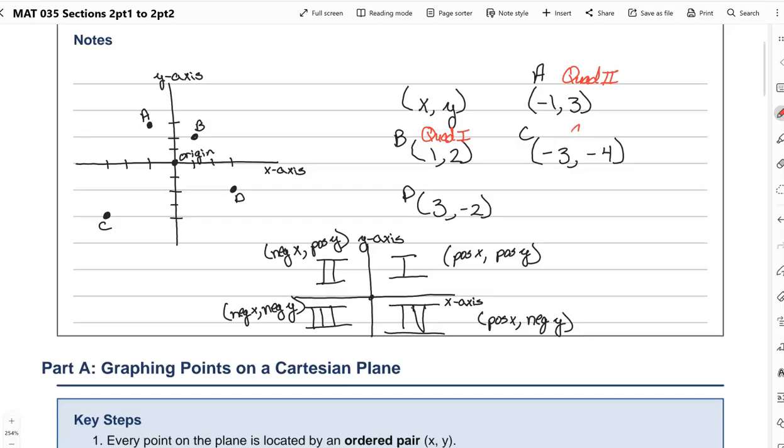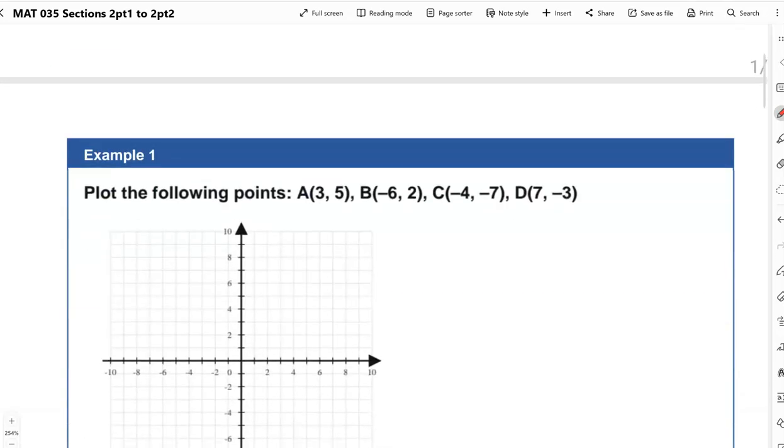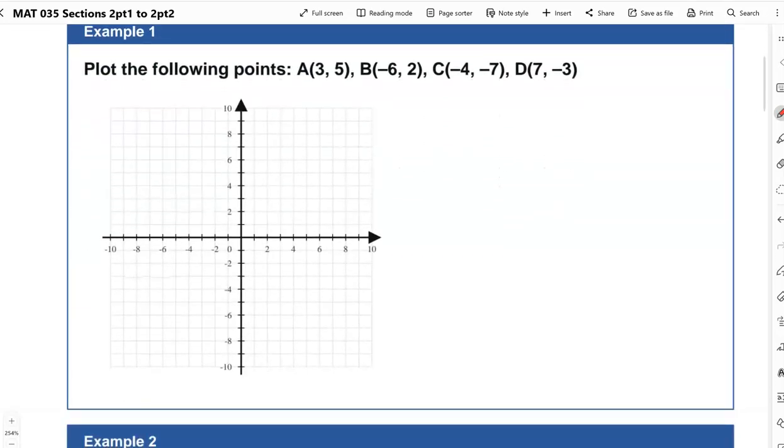C is in quadrant 3. And then D is in quadrant 4. And we do use Roman numerals to talk about the location for each of the quadrants. So quadrant I, II, III, and IV.